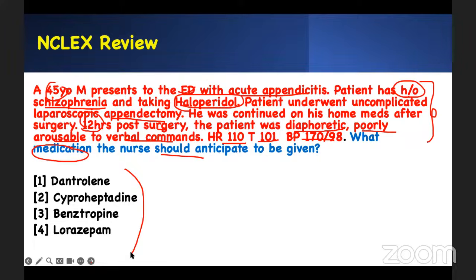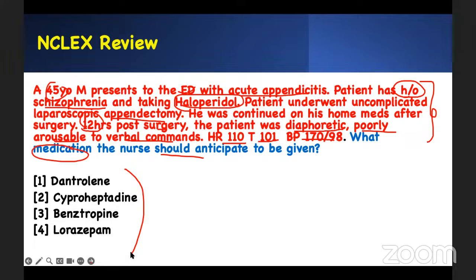What do you think the board is telling you? If I don't give you any more symptoms, that means you don't need them. So don't extrapolate. These are the symptoms the board wants you to pay attention to.